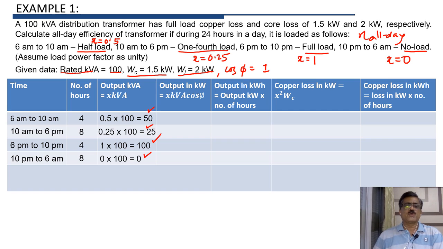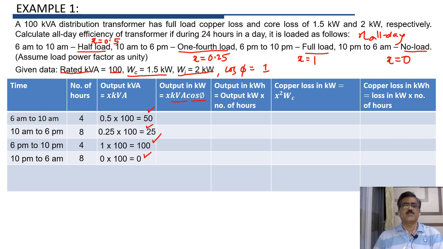So this is the output kVA, but we need the output in kilowatt. So we have to multiply this kVA by cos phi to get the output in kilowatt, that is X kVA cos phi. X kVA is already calculated in the previous column.